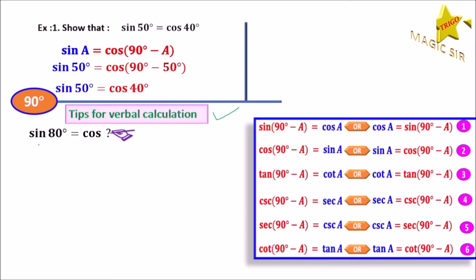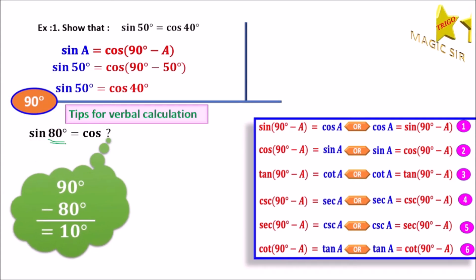It is so simple. Just subtract the given angle from 90 degrees. Here 80 degrees is an acute angle. So sine 80 degrees is equal to cosine of 90 degrees minus 80 degrees is equal to 10 degrees.